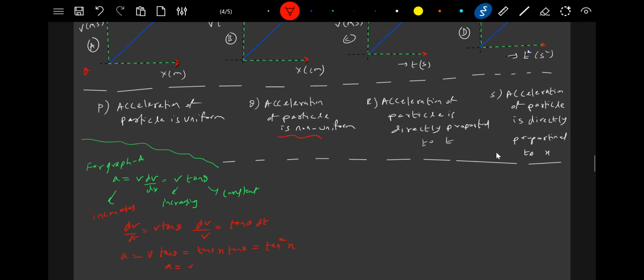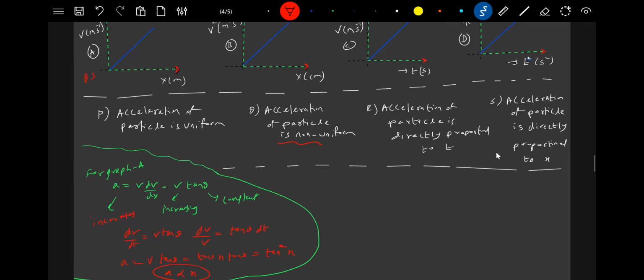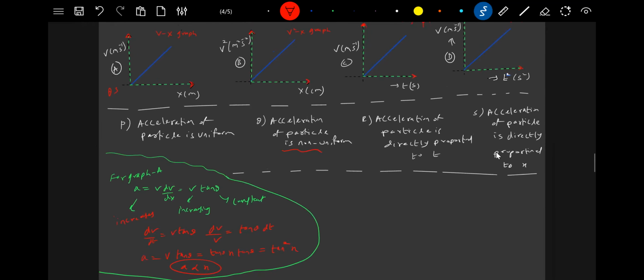So therefore a is proportional to x. Everything is discussion for option A. So what finally we can conclude for option A is it should be Q and S. Yeah, you can see all the content in one place.